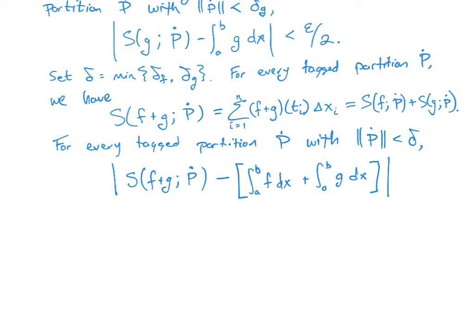Now, we just said in the line above that we can split that S. So we can split the S and then I'm going to distribute that negative across. I'm going to put the F integral over there. And then I'm going to have the G's over here.